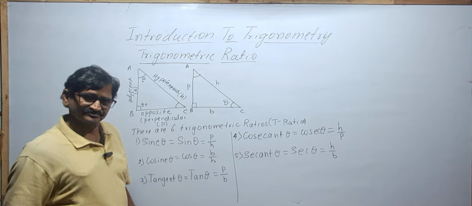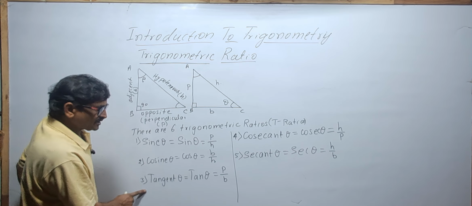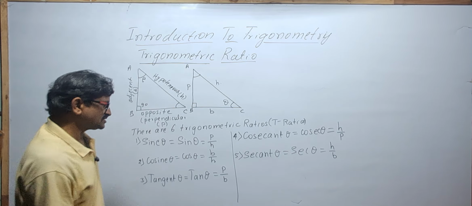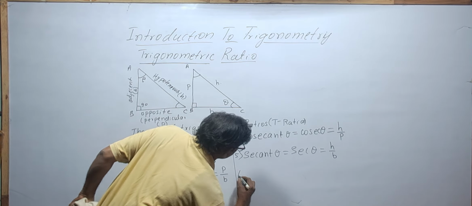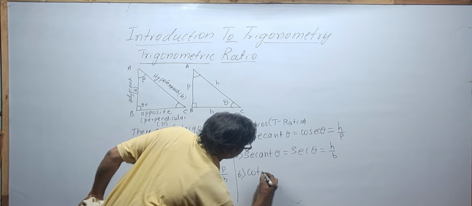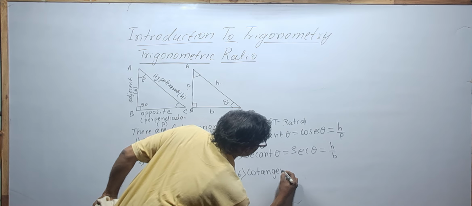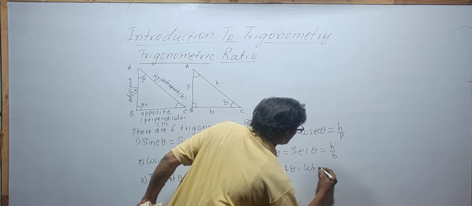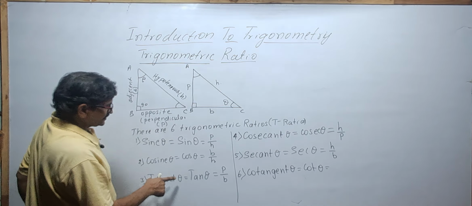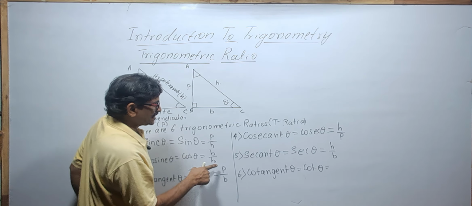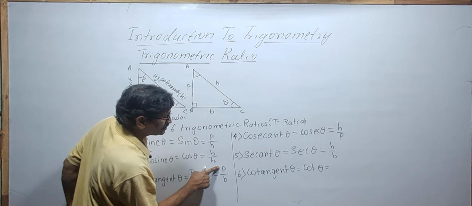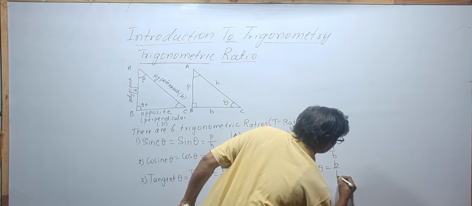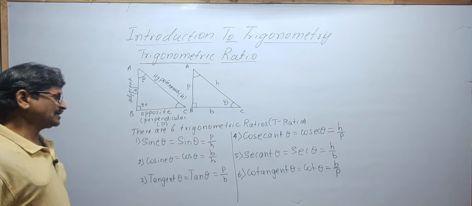And the last one is the inverse of tangent, called cotangent theta, shortly cot theta. Tangent theta is perpendicular by base, so cot theta is base by perpendicular.